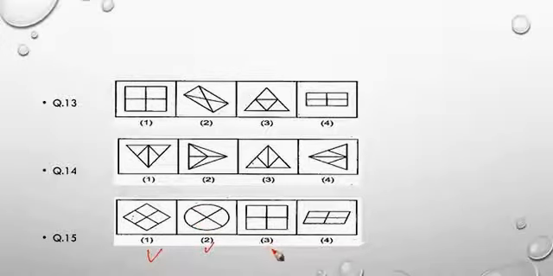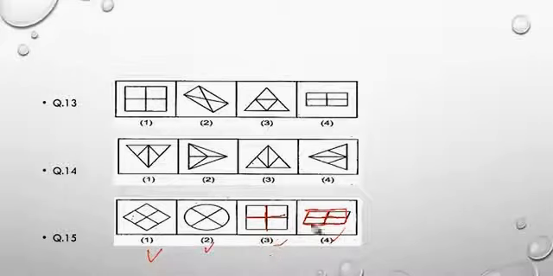In case of problem figure 3, there is a rectangle which has been divided into four parts with the help of two intersecting lines. And similarly, in problem figure 4, there is a rectangle which has been divided into four equal parts with the help of two intersecting lines.